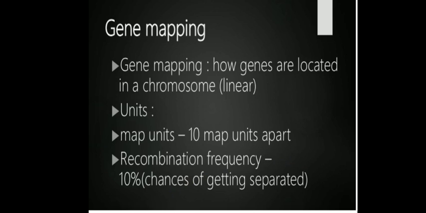Then the gene mapping. Gene mapping is the representation of the linkage of genes in a chromosome in the form of a genetic map or linkage map, also called a chromosomal map.